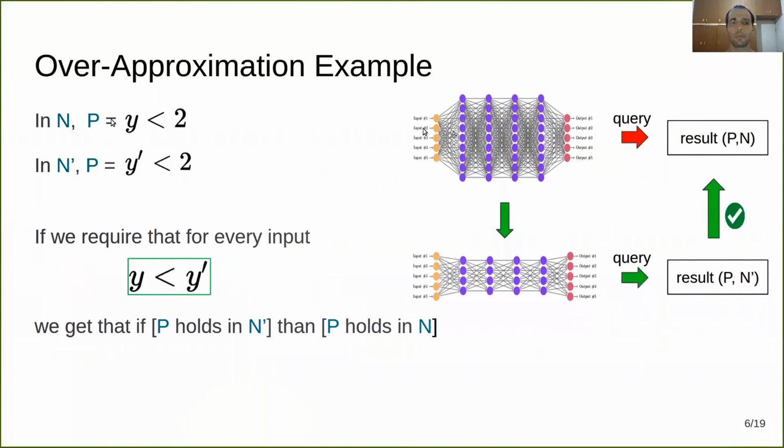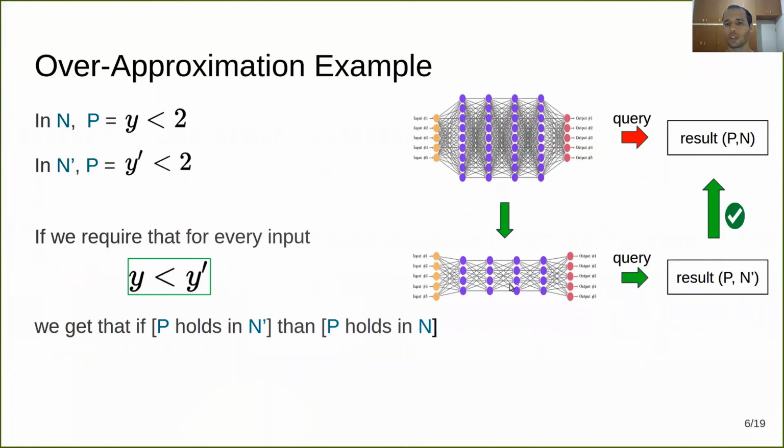if N is complex and P is the property that for every input, the output is smaller than 2, we can generate smaller networks, which is an over-approximation of the original network. And here the property is that also the output is smaller than 2.